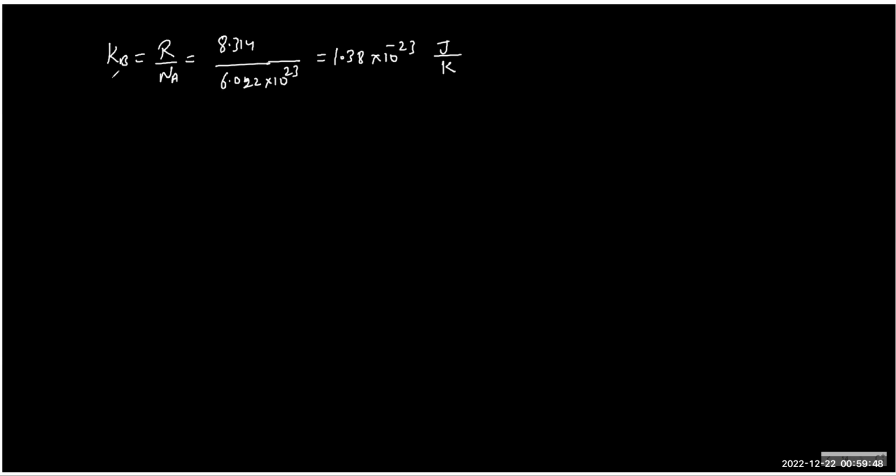So when you multiply k with temperature, what do you get? Energy. All these values you must remember. If you're not remembering these values, it's difficult for you to solve the problems.